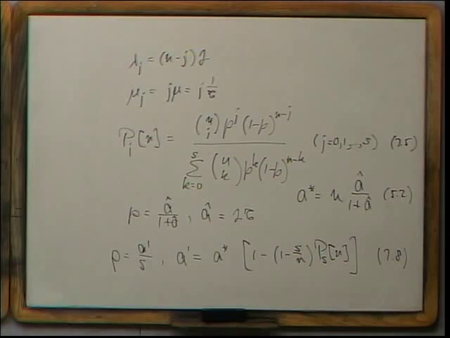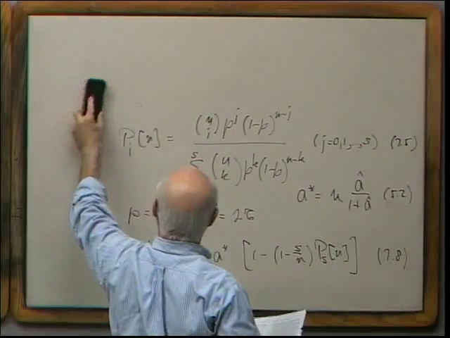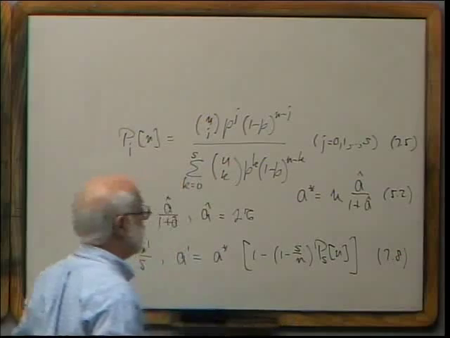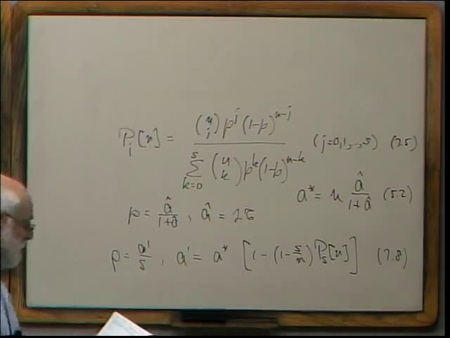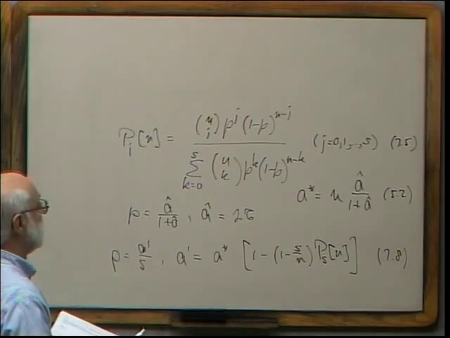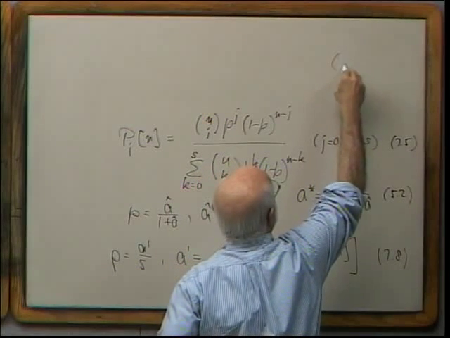Now, what is the actual offered load? Let's see, I think I'll write it over here. I said that the offered load would be different from what the intended offered load is because of the feedback. And I can get the offered load easily by using Little's theorem. So this is equation 7.9 in the text.